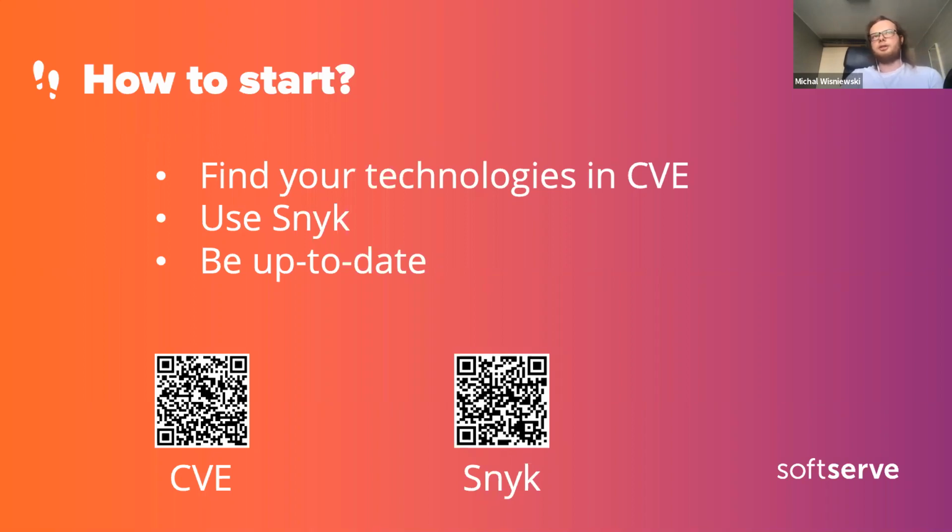Also, if your machine is using SSH, then you check if OpenSSH version 10.2 is vulnerable. You will also be able to see what kind of vulnerabilities there are. It may be remote code execution, remote shell, data leak, denial of service. So it's always on the page.